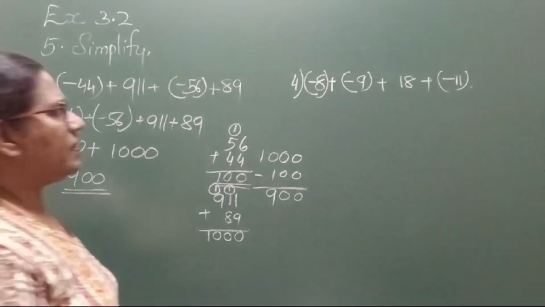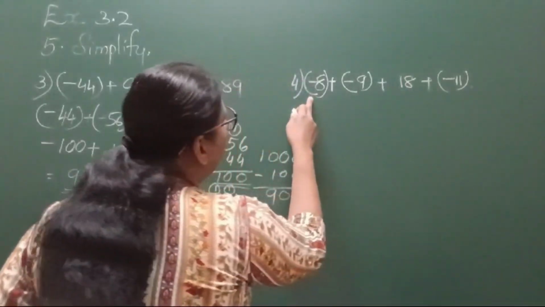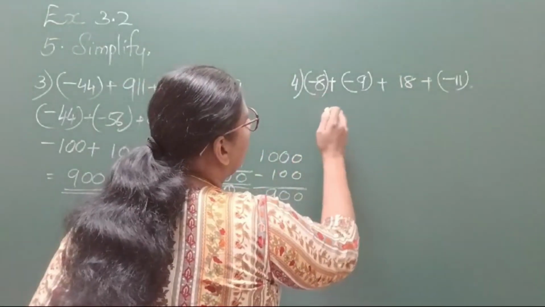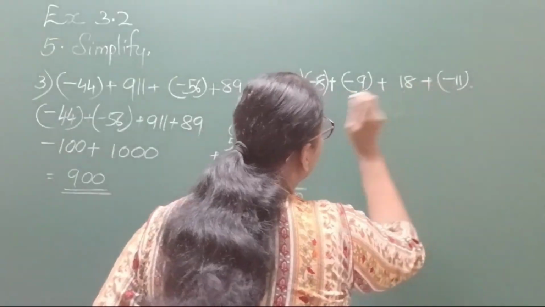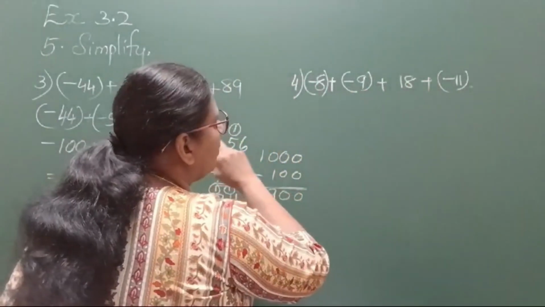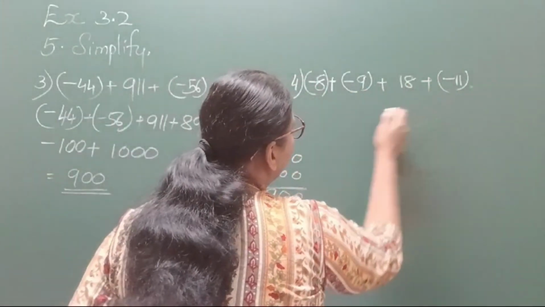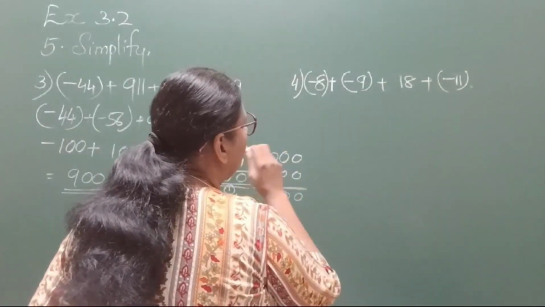Then next, minus 8 plus minus 9 plus 18 plus minus 11. There are 3 negative integers and 1 positive integer.